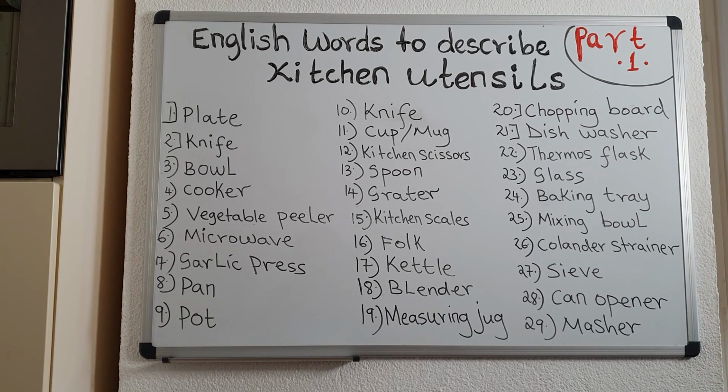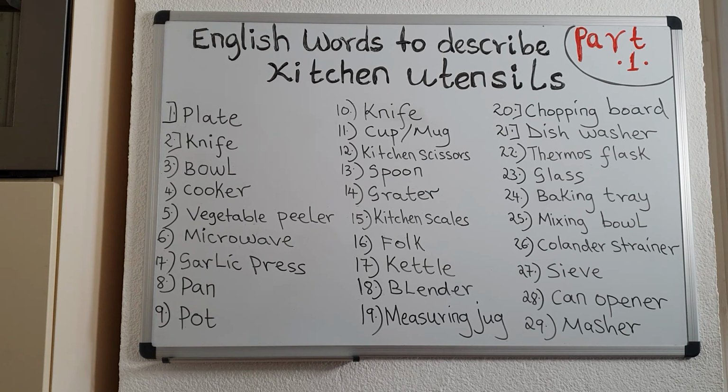You turn the oven on for a specific time, and then after that you get your baking tray out of the oven once it has cooked, and your cake is ready to eat. Okay, so a baking tray is what we use to bake a cake.